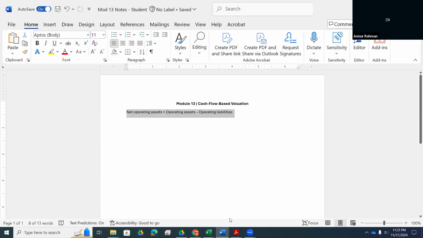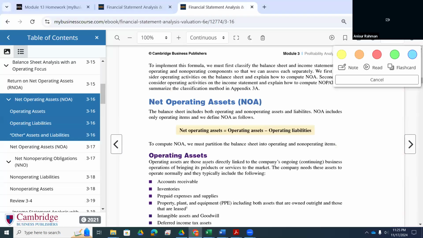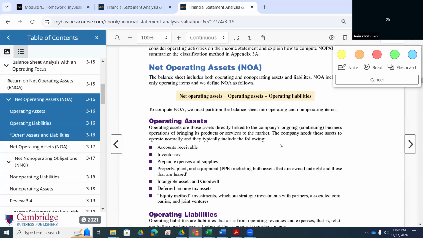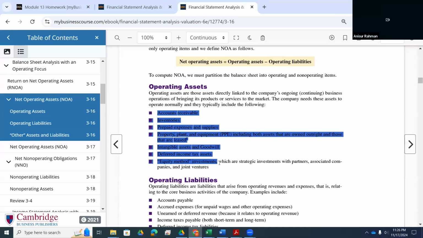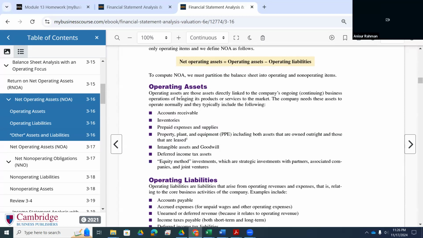Now how do I calculate operating assets and operating liabilities? On the same page, you will see that operating assets include these items. Operating assets are those assets directly linked to the company's ongoing, continuing business operations of bringing its products or services to the market.